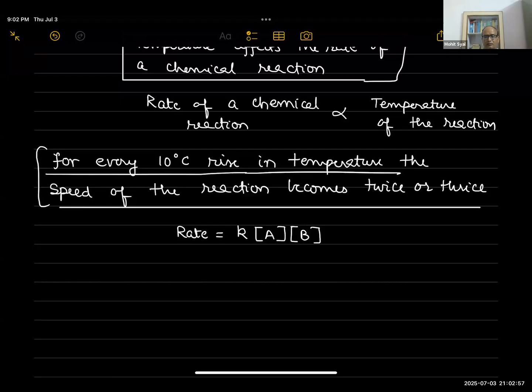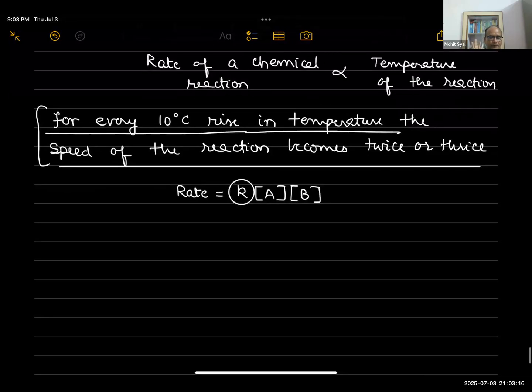Ibrahim, Destin, Marwa, tell me quickly. Actually, which is the thing which is increasing with the temperature? That's K, yeah, this is the K which increases. Concentration remains the same.